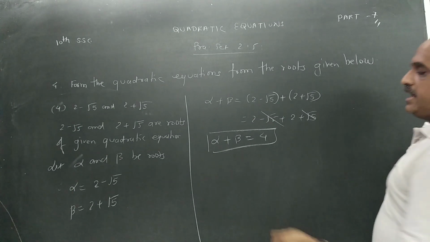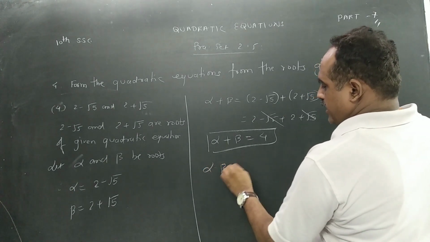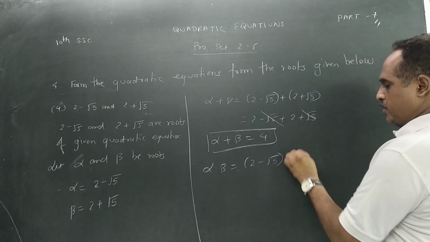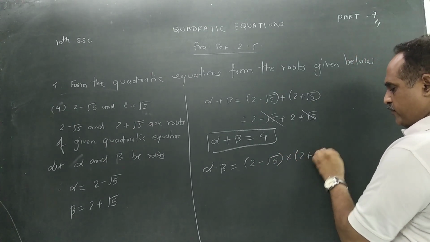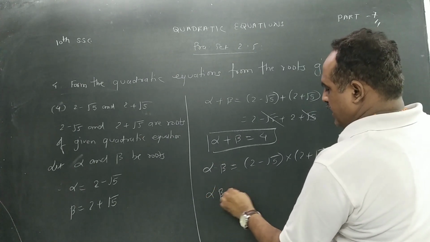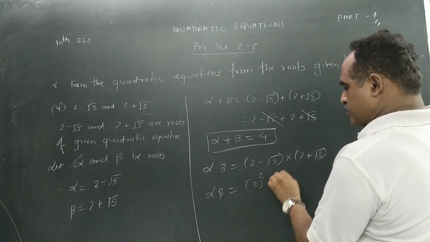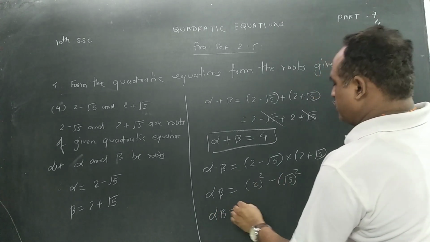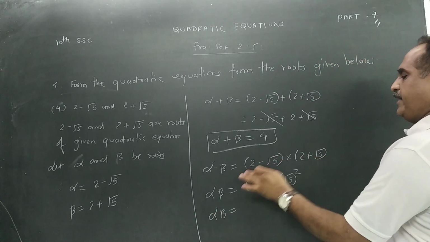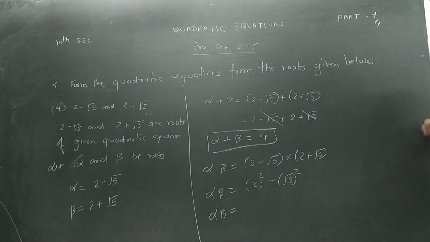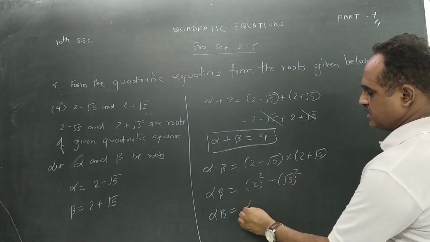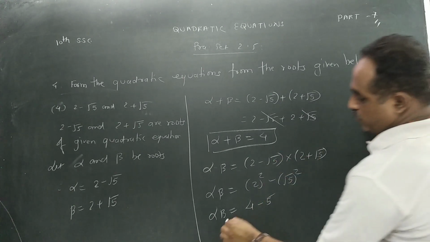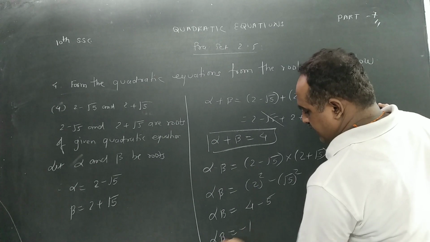And alpha into beta is equal to 2 minus root 5 into 2 plus root 5. Therefore, alpha into beta is equal to 2 square minus root 5 square. See, it is in the form of A plus B into A minus B. We are going to use the formula of A square minus B square. 2 square is 4 and root 5 square is nothing but 5. So, alpha into beta is minus 1.